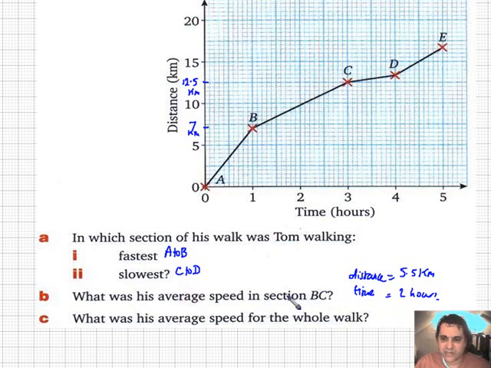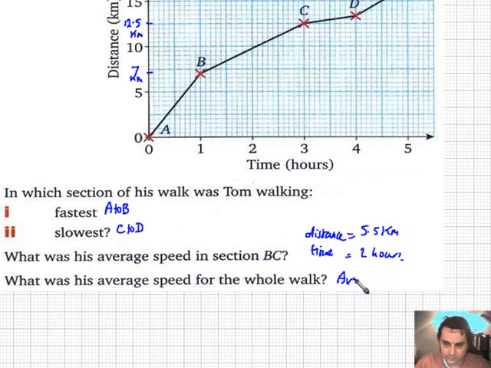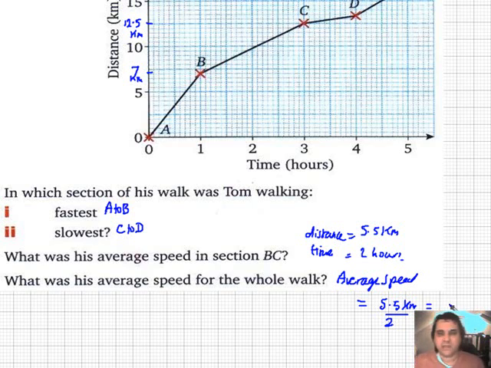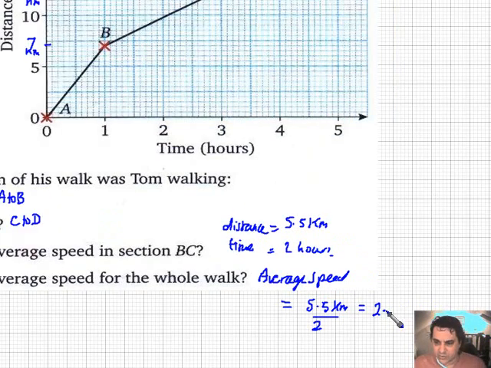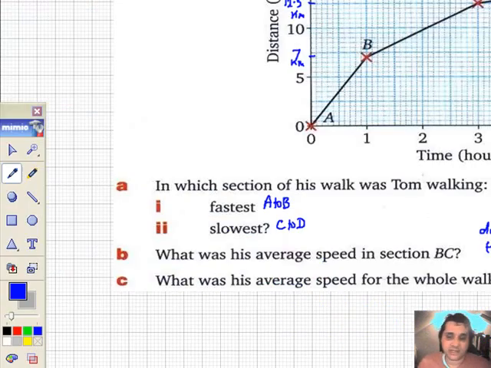And therefore the average speed from B to C is going to be as follows: the distance divided by the time taken, and that will give me half of 55, so 27, so 2.75 kilometers per hour. Let's just check that, be absolutely sure. 5.5 divided by 2, yeah, 2.75 kilometers per hour. That's just for B to C alone.